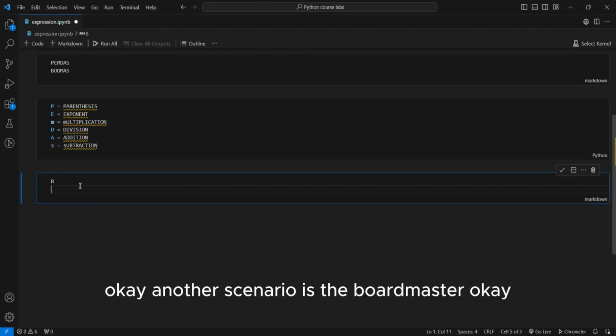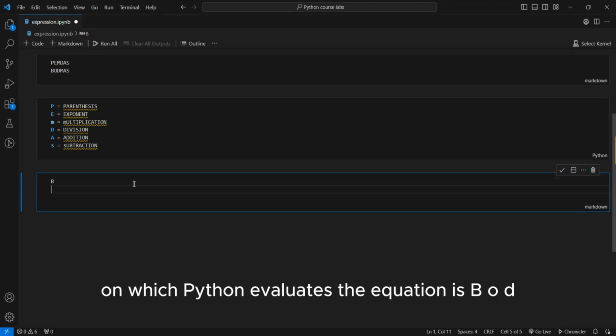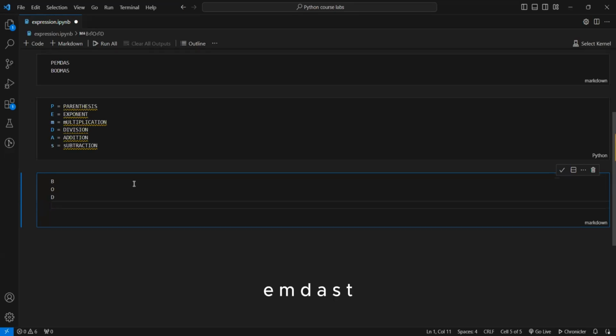Another scenario is BODMAS. So the next scenario on which Python evaluates the equation is BODMAS.